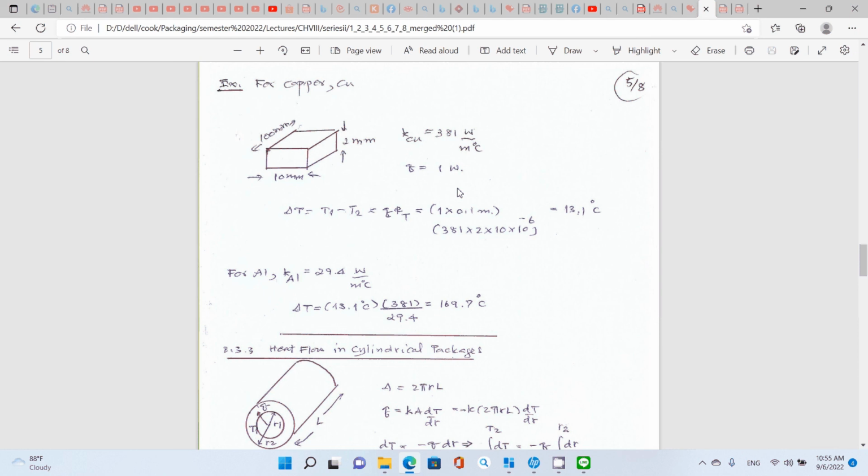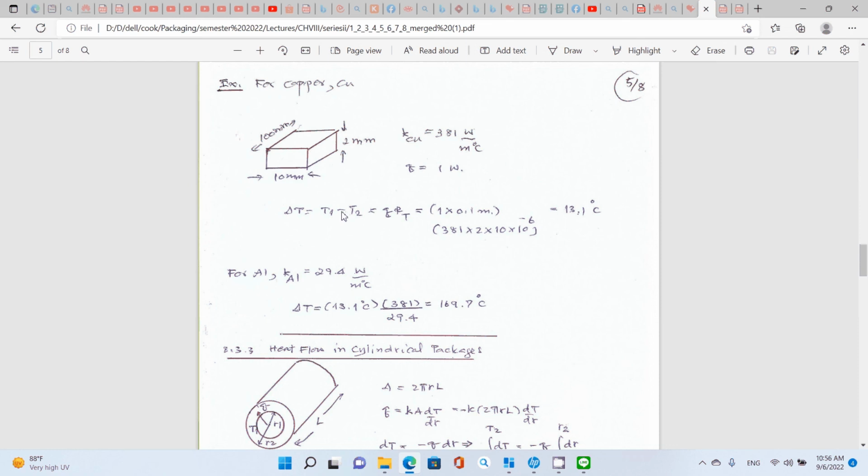Take a look at an example. For copper, you have the heat flowing along the length, here 100 millimeter, and you have the cross section, the width and the thickness. The thickness is 2 millimeter, and the width is 10 millimeter.